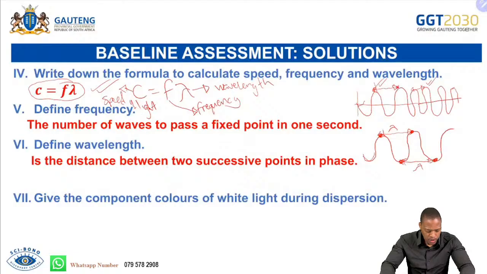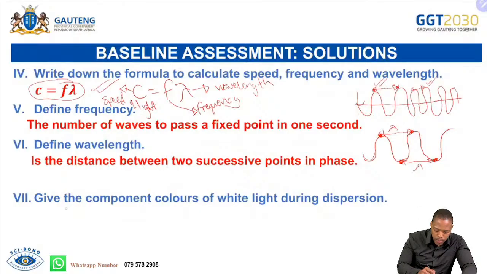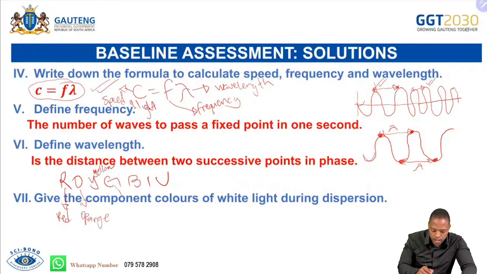And then the last question is asking us to give the component colors of white light during dispersion. We remember them with the mnemonic ROYGBIV, where R stands for red, O for orange, Y is yellow, G is for green, B is for blue, I is for indigo, and V is for violet.